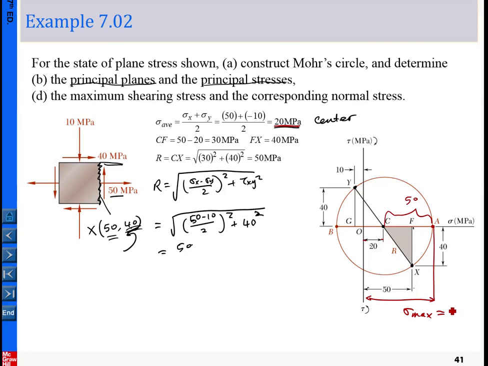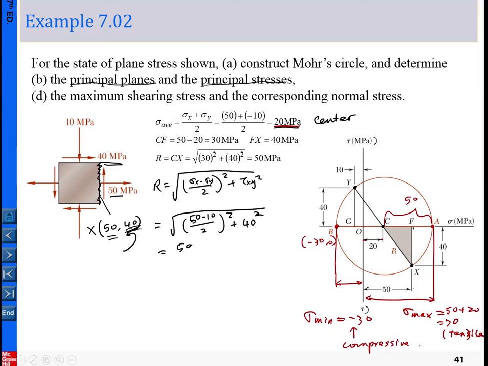So the maximum is 50 plus 20, which is 70. And for this one, B has the coordinate minus 30 and 0, so the minimum equals minus 30. You simply observe the coordinates here. The minus means this minimum principal stress is compressive, and this one is tensile.